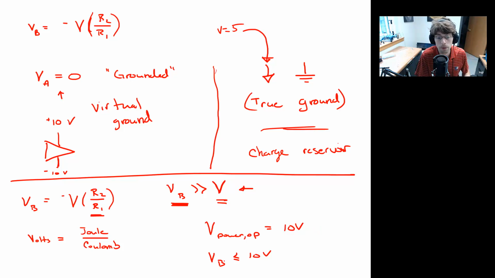Namely, the output potential can never exceed the power supply potentials. Incidentally, say you choose a value of resistors such that the output potential is greater than the powering potentials. We use the term saturate.